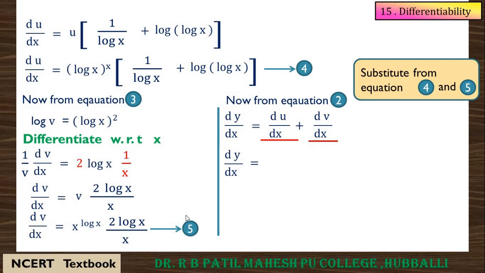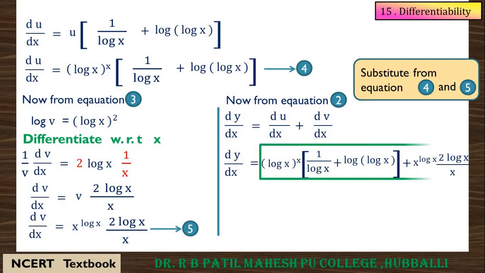So the first answer is log x raised to x into 1 upon log x plus log of log x, plus the dv by dx substitution, x raised to log x into 2 log x divided by x. So this is the solution.